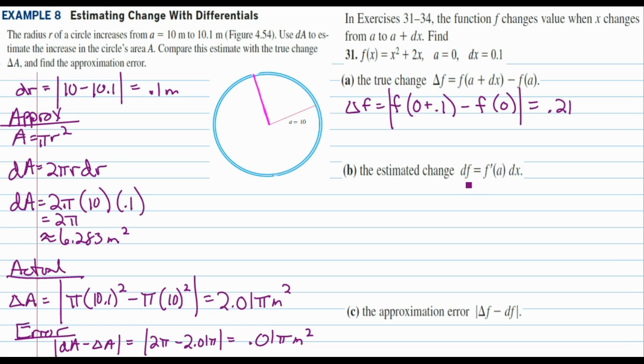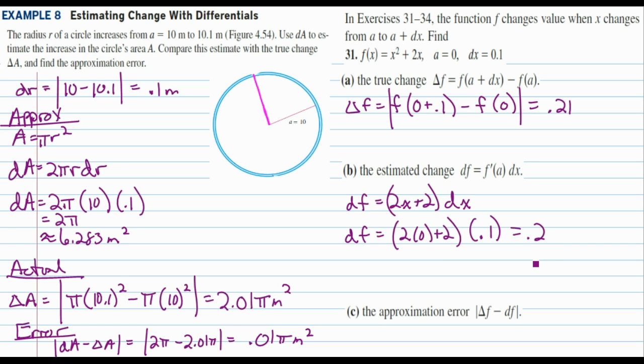Now the estimated change I need the differential for, so I'm going to take the derivative but leave this as an expression: df equals 2x plus 2, and then that gets multiplied by dx. Now our dx is 0.1, our a value is 0, so I'll plug those in. And I get that our estimated change would have been 0.2.